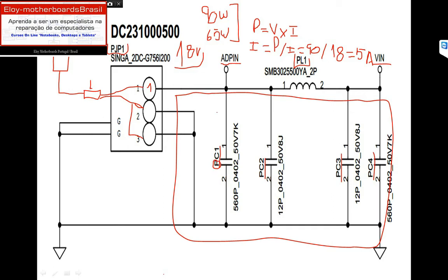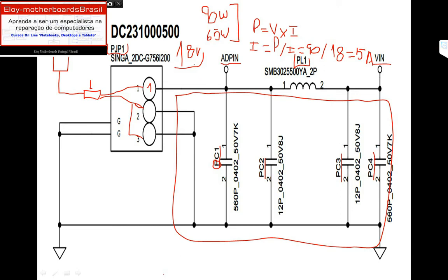Because it belongs to a 19 volts line. All components that belong to a 19 volts line start with P. That's why we have PQ, PU, PR, PC, because those components belong to a VIN line, 19 volts, 18 volts, whatever.